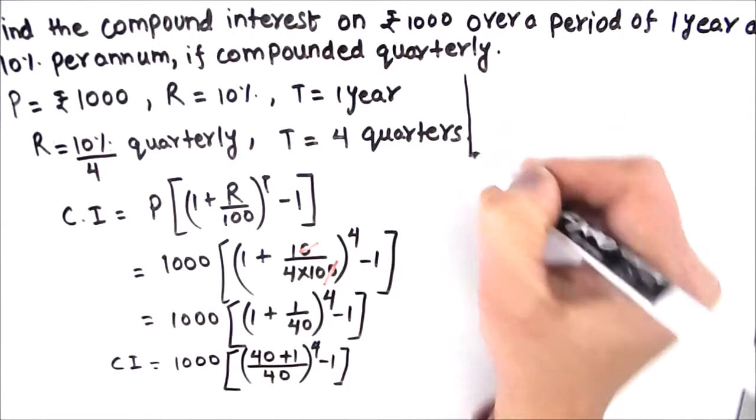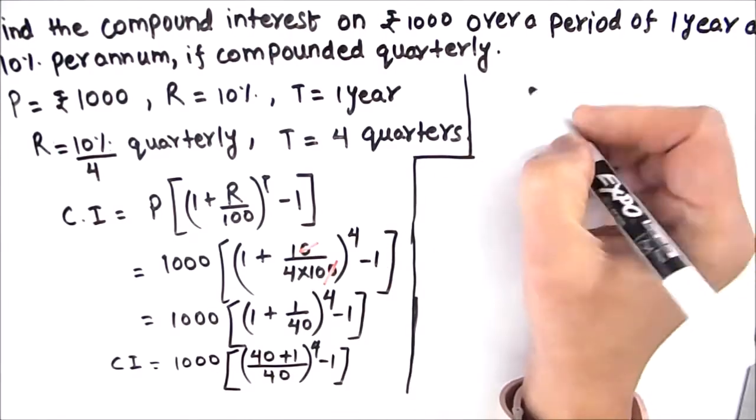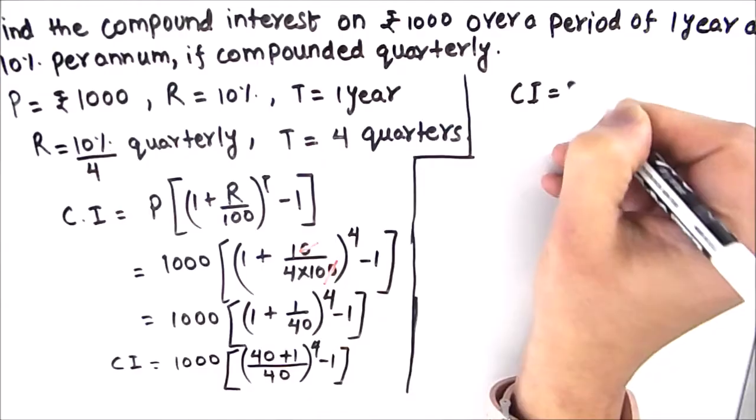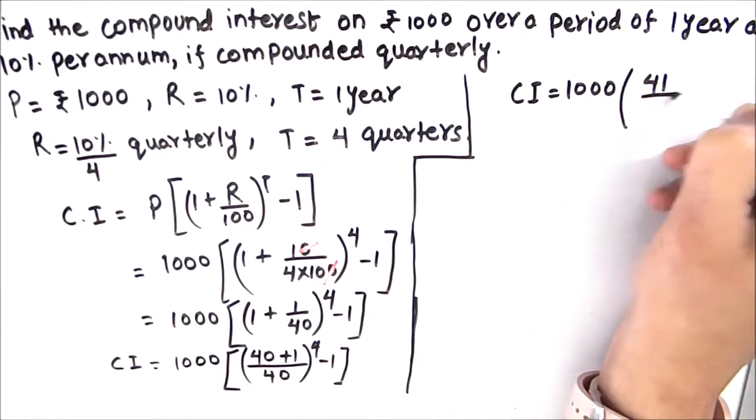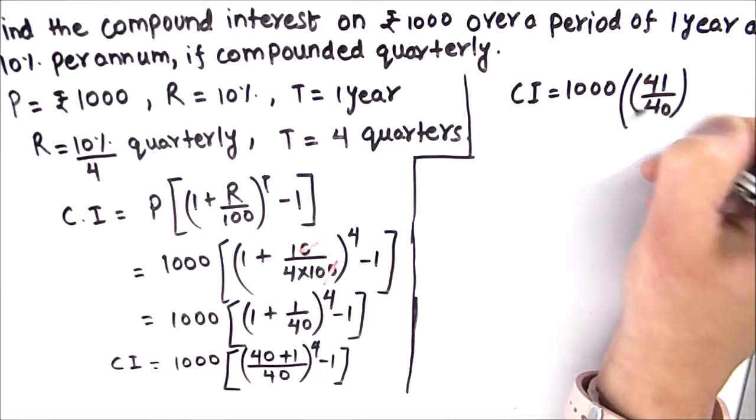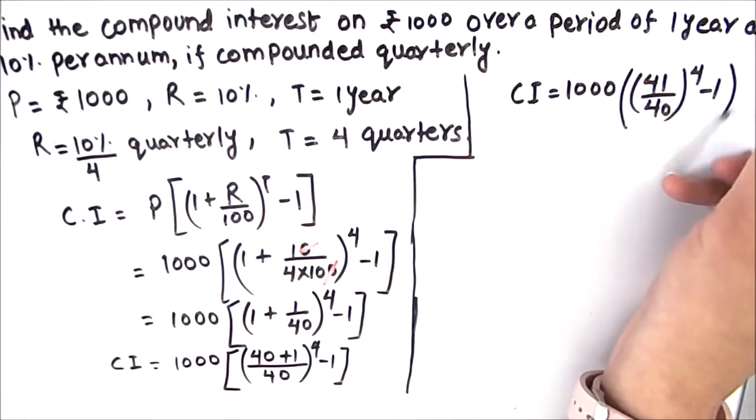Let's solve it on this side. So compound interest is equal to 1000 times (41 upon 40) whole raised to power 4, minus 1.